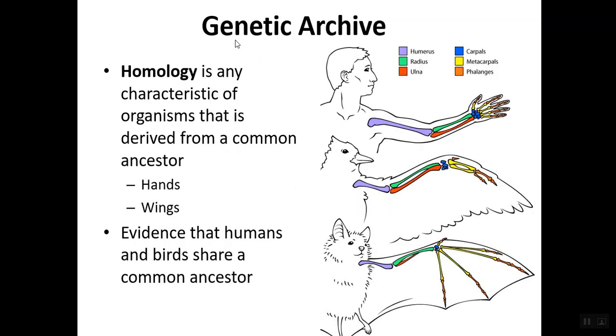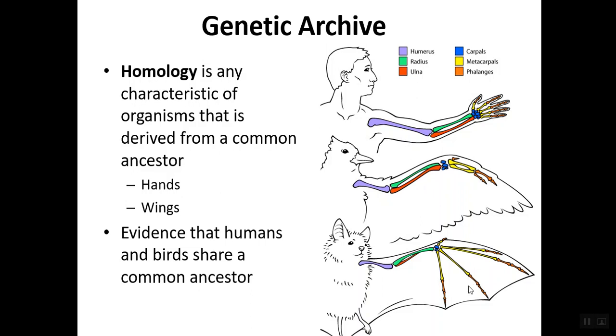So first of all, we have already encountered the concept of homology. If you remember, we defined this term very well, homology versus analogy. Homology refers to any characteristic, typically a physical characteristic, for instance, a bone set, that allows us to understand if organisms have common ancestry.